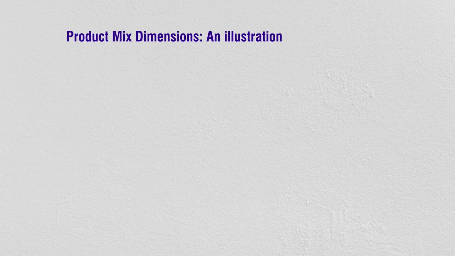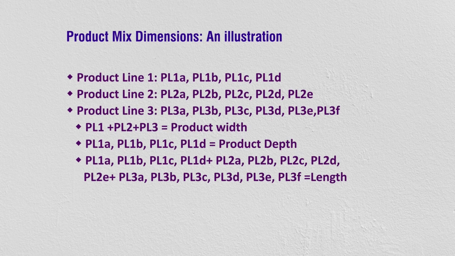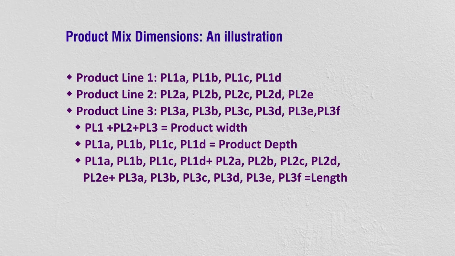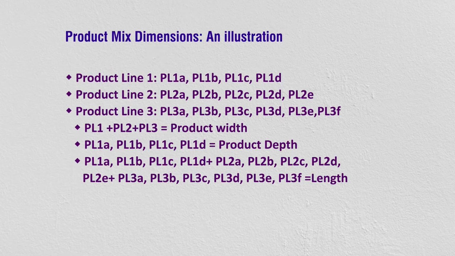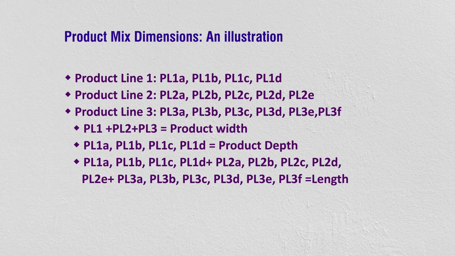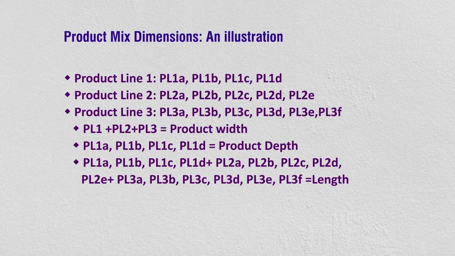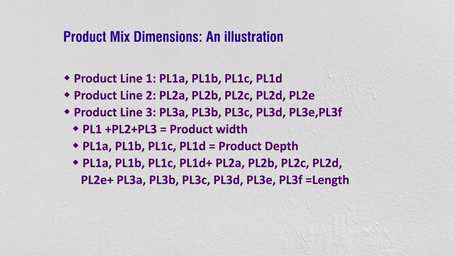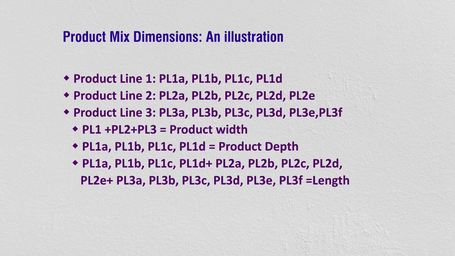If we try to see the product mix dimensions again through an example, suppose there is a company XYZ Limited offering 3 product lines. Product line 1 may be body care, product line 2 may be cosmetics, and product line 3, for example, food items.